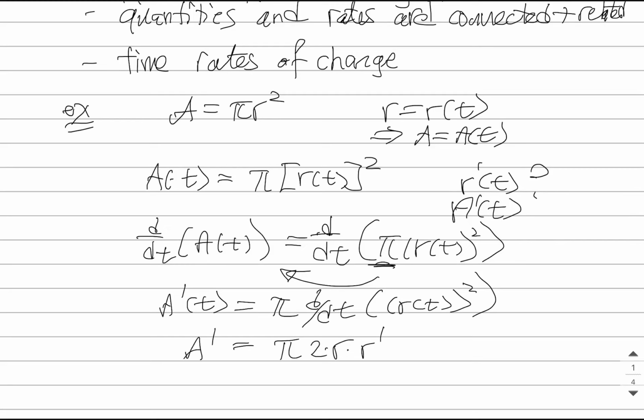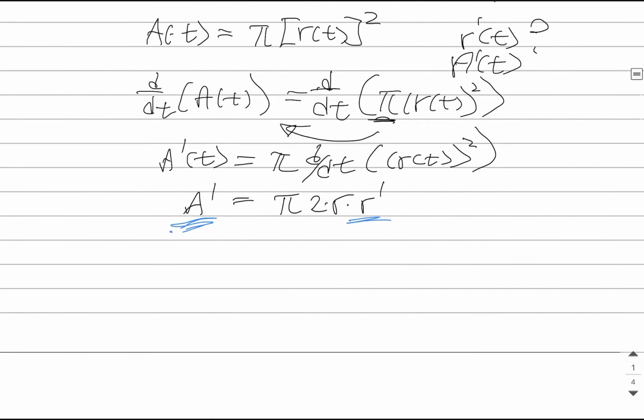And in this sense, quite literally, we have related these two rates. The rate of change of the area is going to be connected to the rate of change of the radius. And so all of the problems that we are going to encounter in this section follow like this. We are somehow going to do a time rate of change of the problem and connect these two different rates.